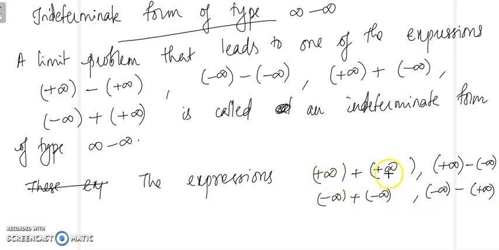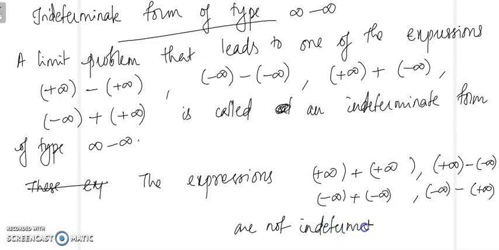In the other term it is plus infinity plus infinity, so this entire term will be going to infinity, and here again it will be plus infinity. Here both are minus infinity, that will be going to a very small number. So this is also going to a very small number. So these expressions are not indeterminate.